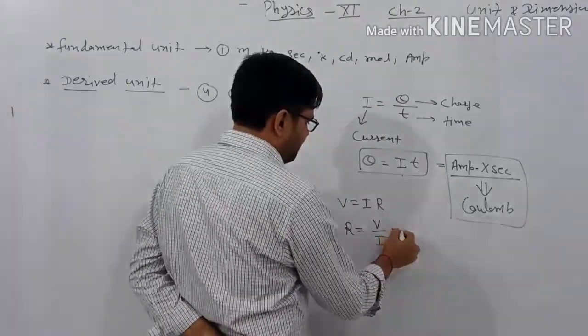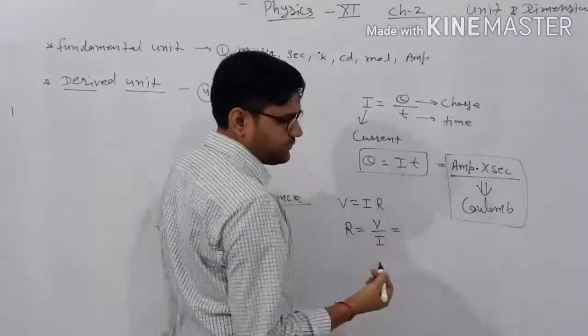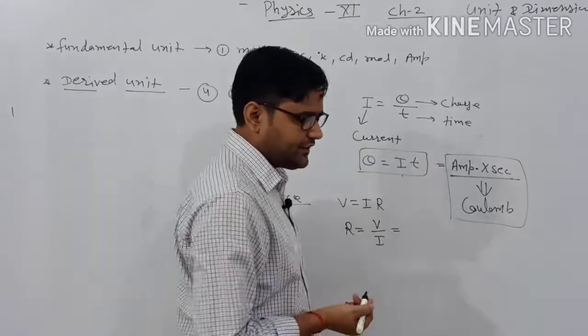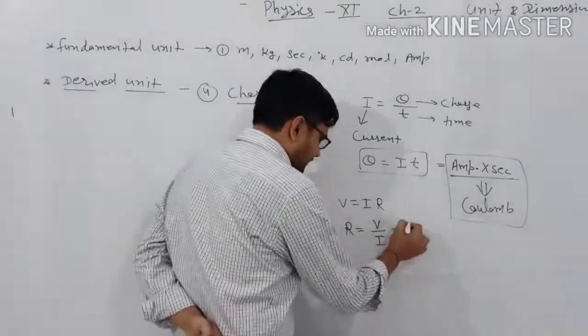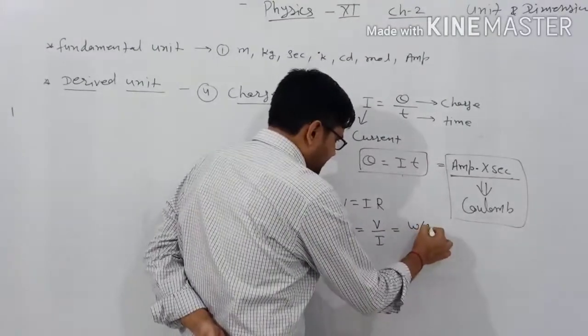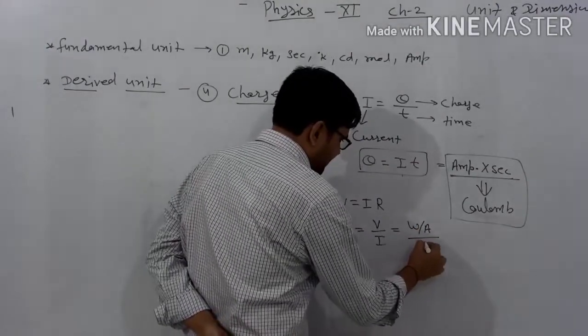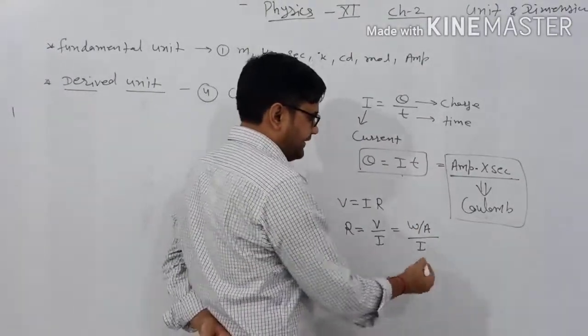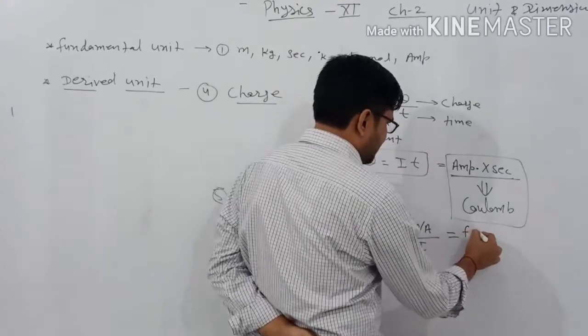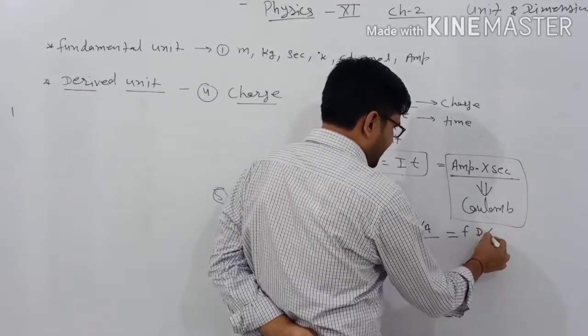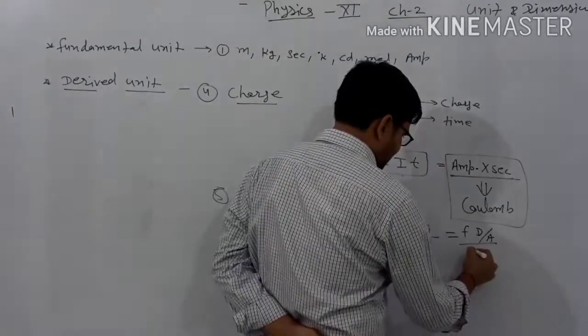Clear? Now the potential V is in terms of the volt, and the potential is also defined in terms of work done upon charge, or in terms of I. Again the work done is defined as force into displacement, divided by current.